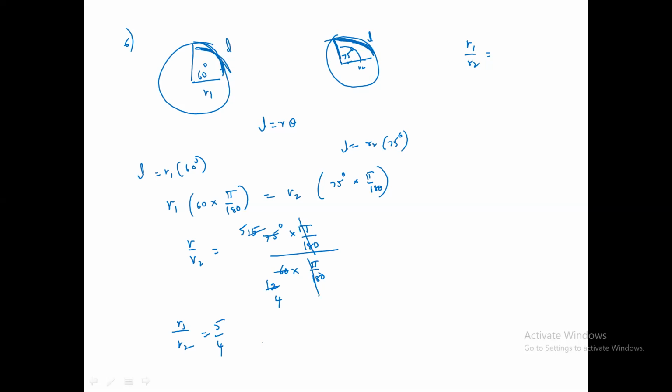Now we can move on to the next question and the last question of this exercise. That is the 7th question. In 7th question, find the angle in radian measure through which a pendulum swings.